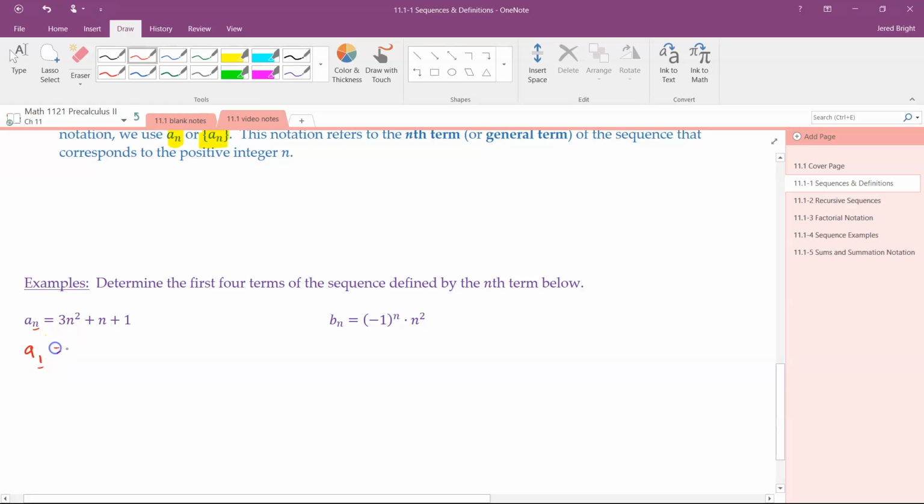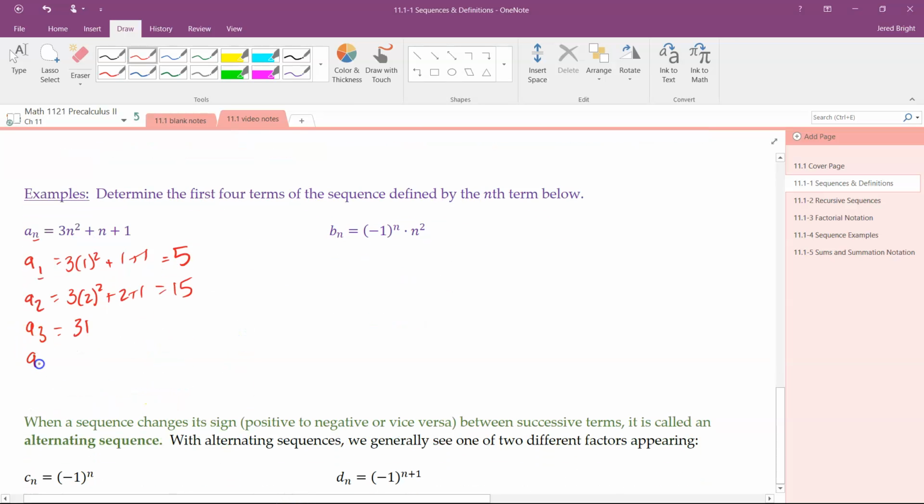So let's put in 1: 3 times 1 squared plus 1 plus 1, or 5. a2 is going to be 3 times 2 squared plus 2 plus 1. Evaluating, we get 4 times 3 is 12, 14, 15. For a3, we would get 3 squared is 9 times 3 is 27, plus 3 plus 1 is 31.